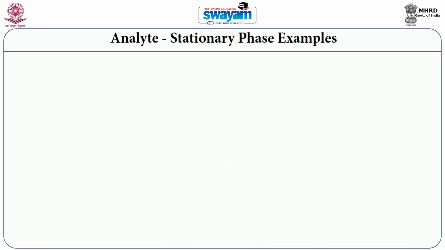Now here are some examples. As we said, the most commonly used stationary phase is silica. As we also earlier mentioned, depending upon the relative polarities of the stationary and mobile phases, this chromatography is called either normal phase chromatography or reverse phase chromatography.